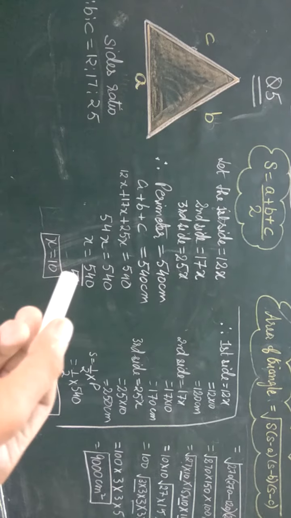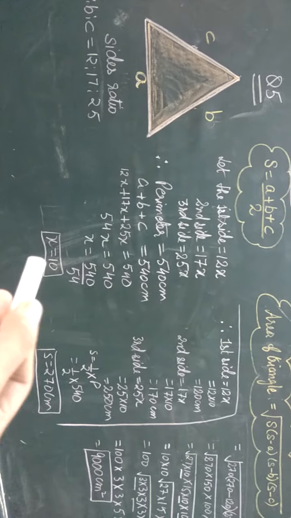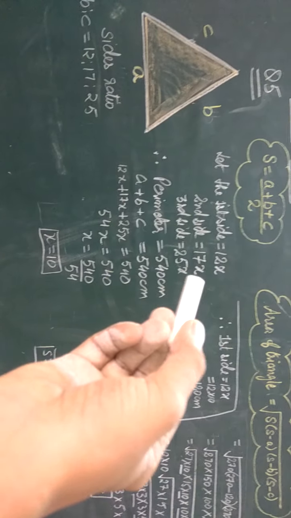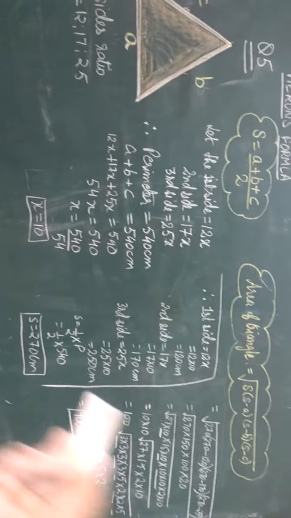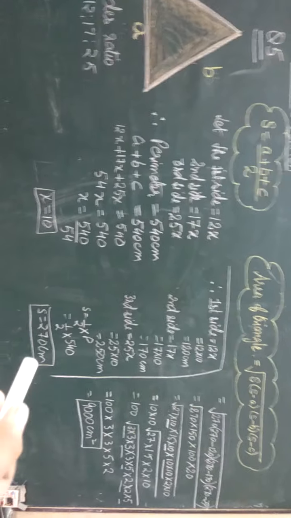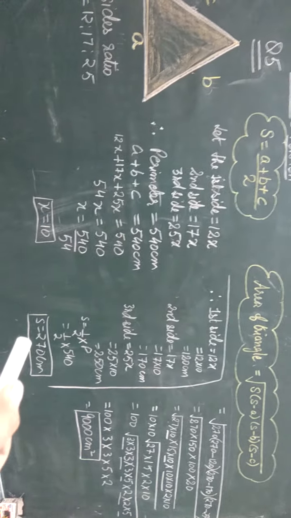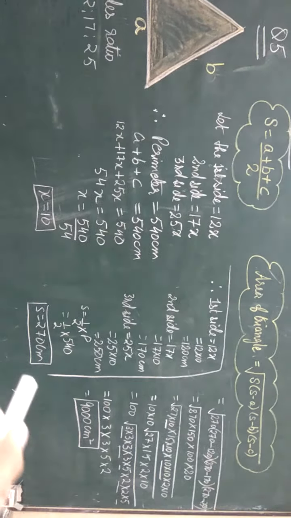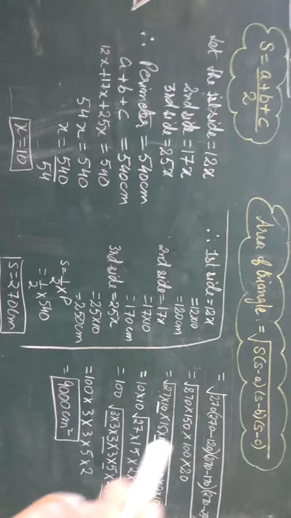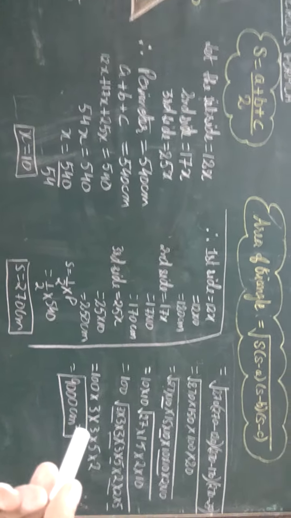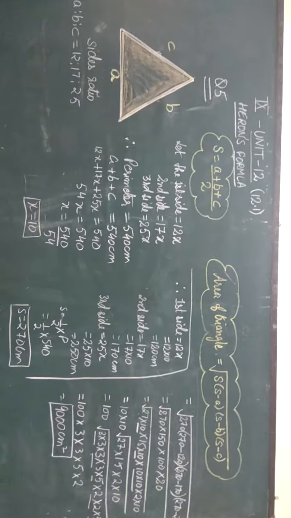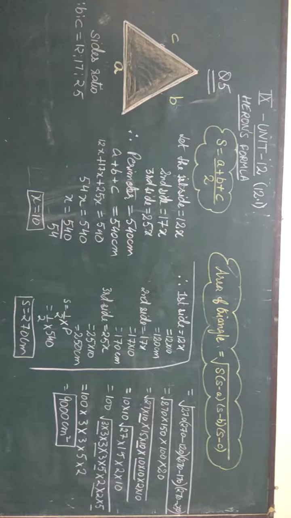From here, we'll get the value of x. And by putting this value of x in the assumed sides, we can get all the three sides. And because for the formula we need s, half of the perimeter will give us s. Then put the values in the area of triangle formula, solve them and get the answer. So this is so easy. Dear students, the chapter is very easy.